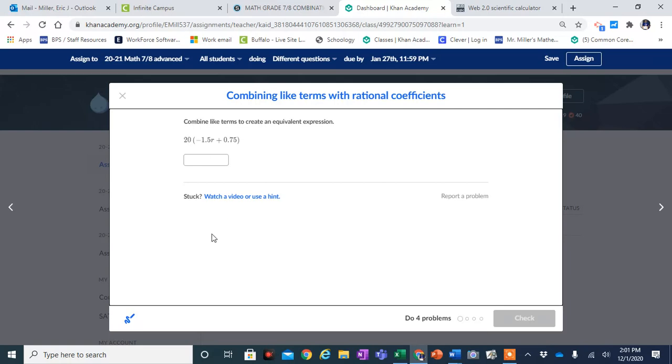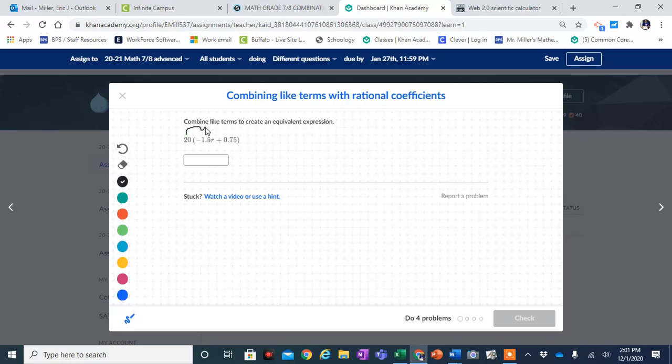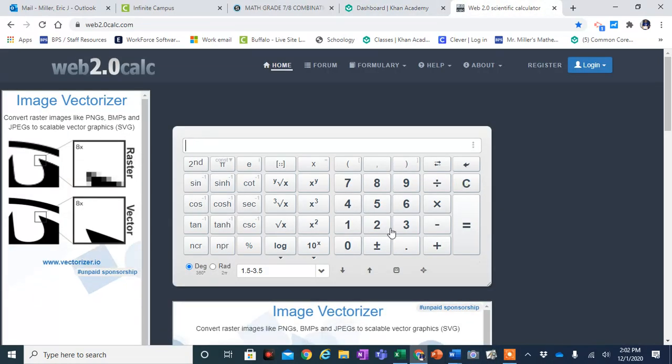All right, so this is 20 times negative 1.5R plus 20 times 0.75. 20 times negative 1.5 is negative 30.